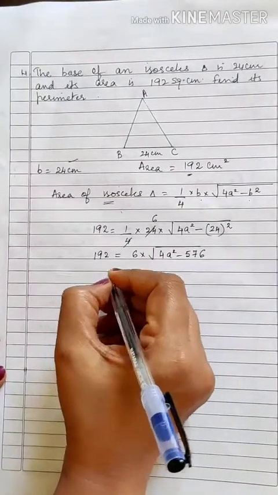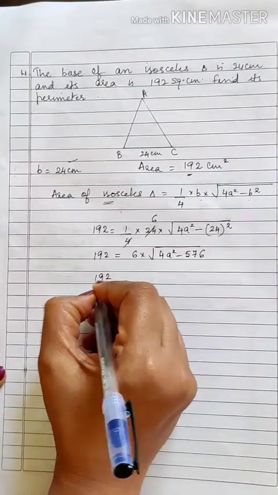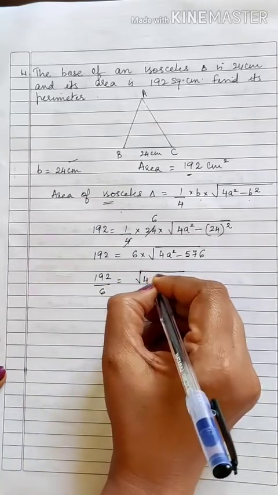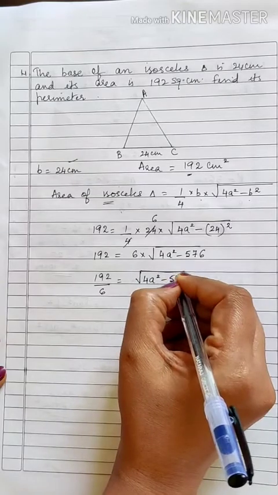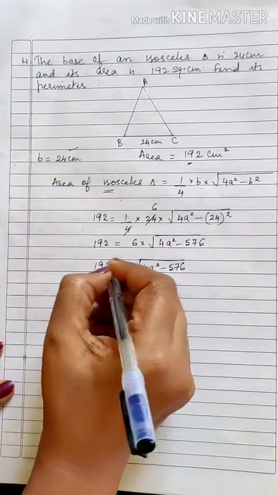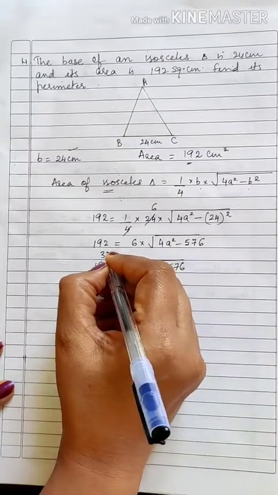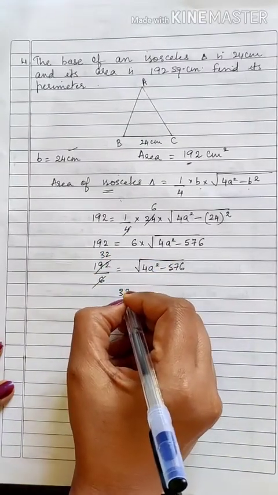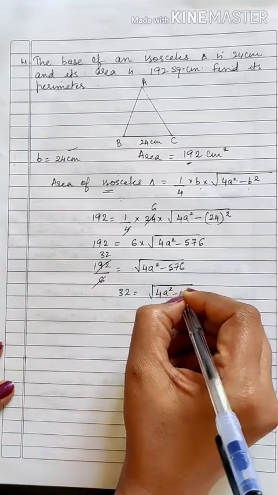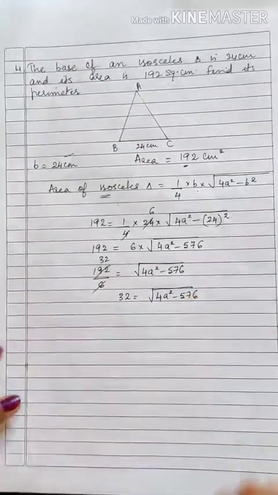Now 192 upon 6 is equal to root over of 4a square minus 576. So when you reduce this, 3s are and 2s are, you get 32 is equal to root over of 4a square minus 576.